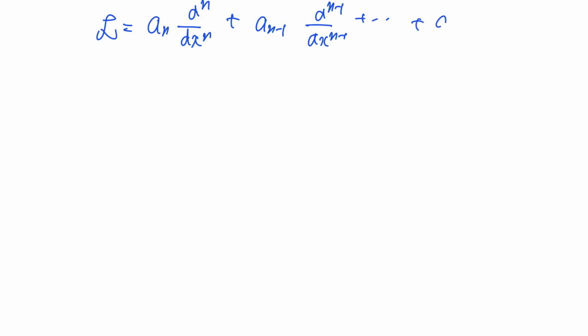So a linear differential operator is given by the following form: L = a_n d^n/dx^n + a_{n-1} d^{n-1}/dx^{n-1} + ... + a_1 d/dx + a_0. The operator operates on the function.